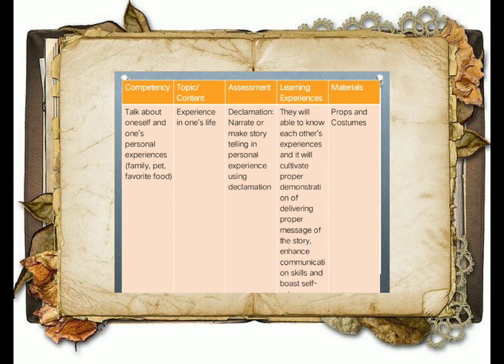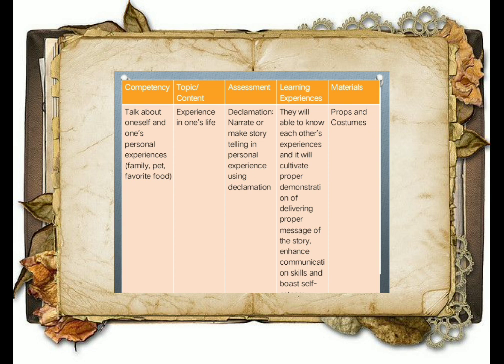So for steps 4 to 7, let's have here the table and fill it all out. For the competencies, we have talk about oneself and one's personal experiences, family, pet, favorite food. For topic content, experience in one's life. So for assessment, declamation, narrative or storytelling, and personal experience using declamation.